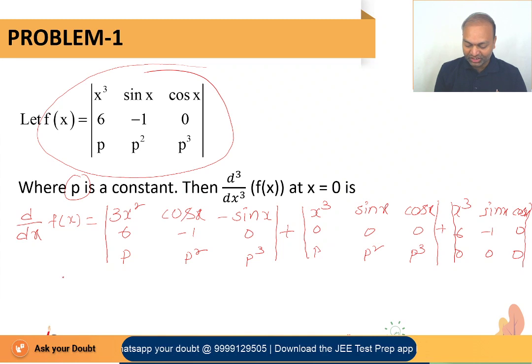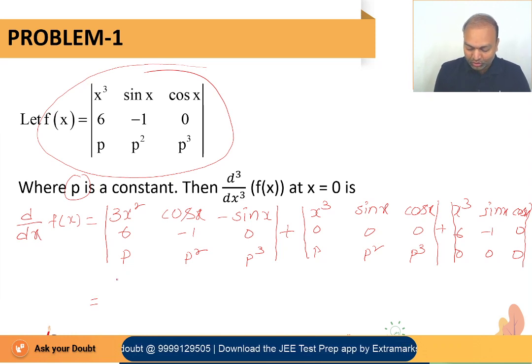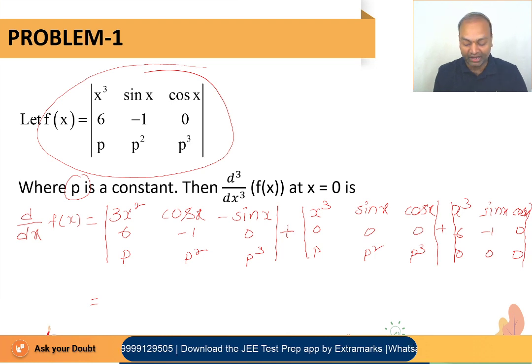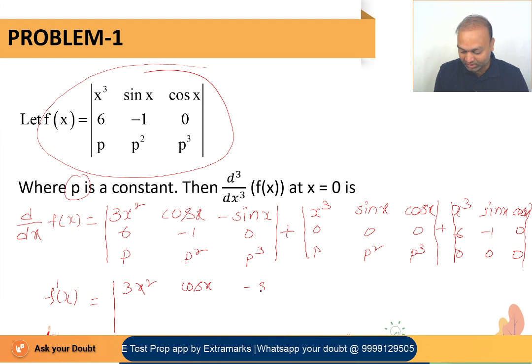Now for the simplification, observe this one. The first part determinant as it is I am writing. So the derivative of f of x is denoted by what? f dash. So f dash of x is equal to, the first part as it is I am writing: 3x square, cos x, minus sin x.